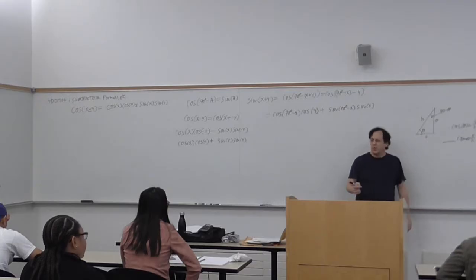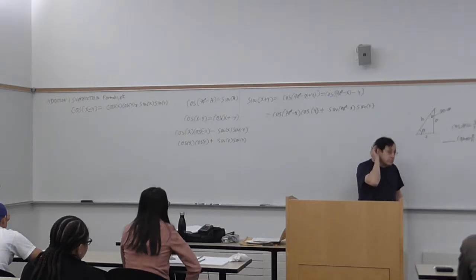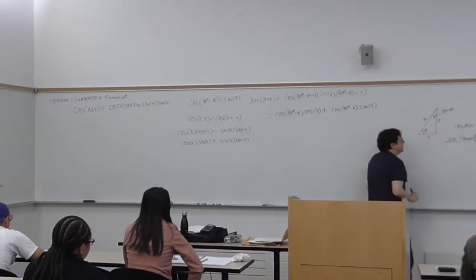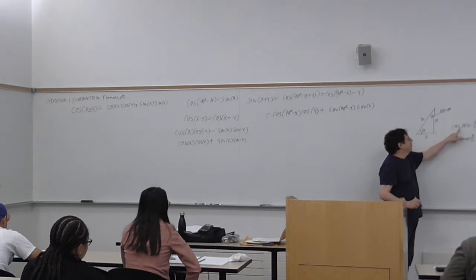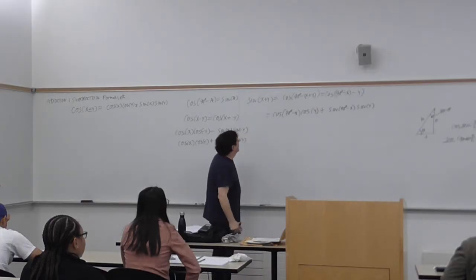What's the opposite over the hypotenuse? Sine. Sine. Yeah. So sine of 90 minus theta is the cosine of theta, and the cosine of 90 minus theta is the sine of theta. They're co-functions.